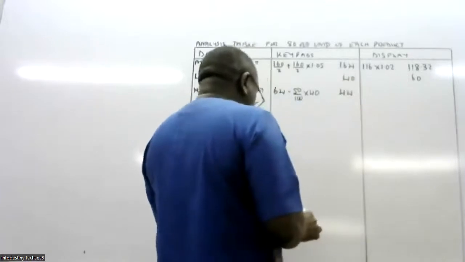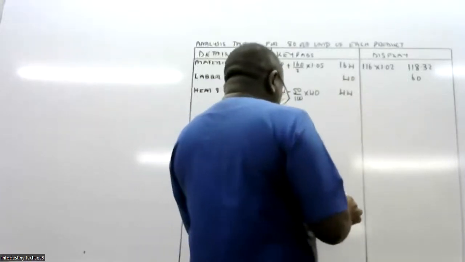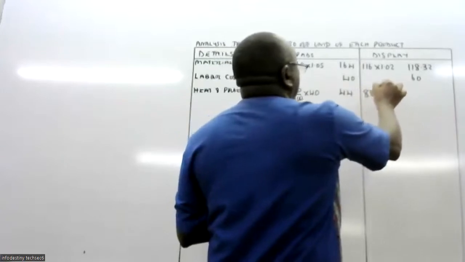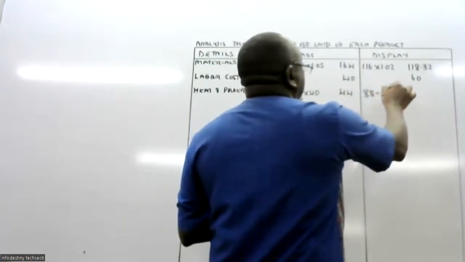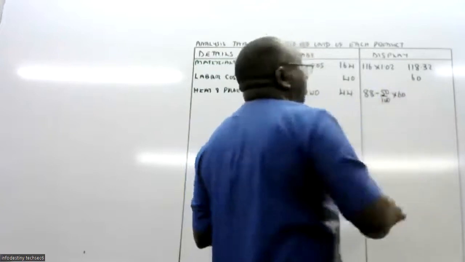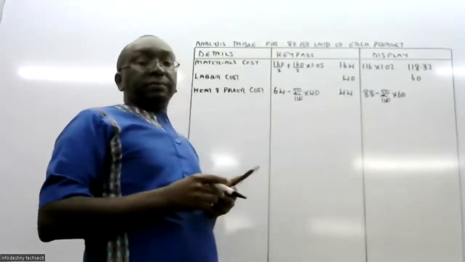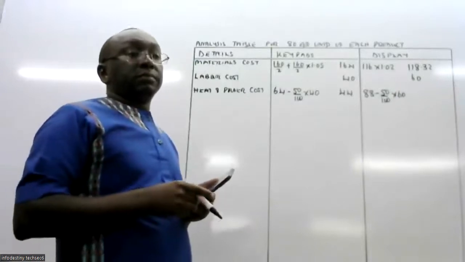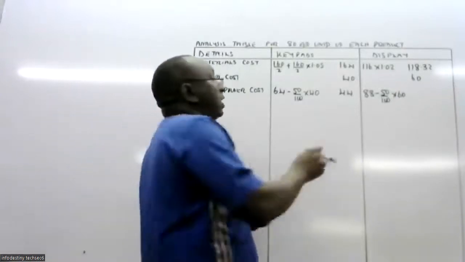Then when we come to this other one, it is 88. So 88 minus 50% of 60. $58.